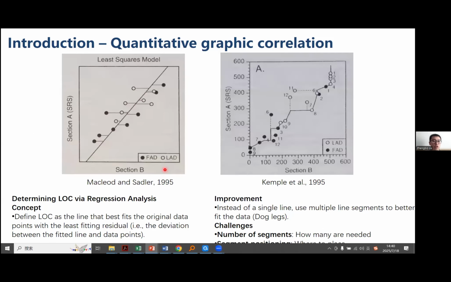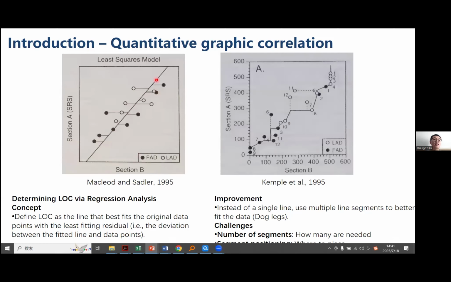Later, some researchers tried to find a quantitative way of doing graphic correlation, and most of them apply regression analysis, where they use the fitting line in the regression analysis as the LOC, so that the LOC can best fit the original data points with the least fitting residue.